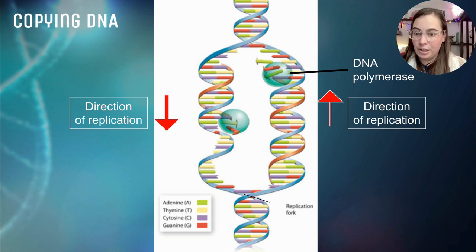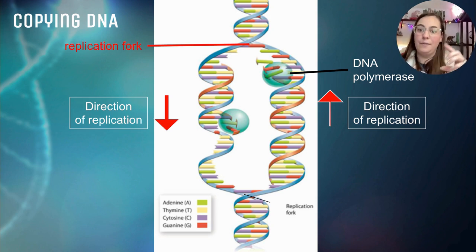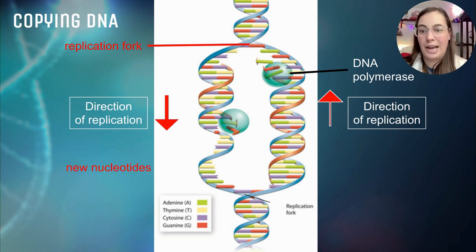To put it all together, we have this big picture of DNA replication. Our DNA molecule is opening at my replication fork. I have DNA polymerase on each side of the molecule. Because of the anti-parallel arrangement, polymerase moves in opposite directions. New nucleotides are added by the DNA polymerase molecule.